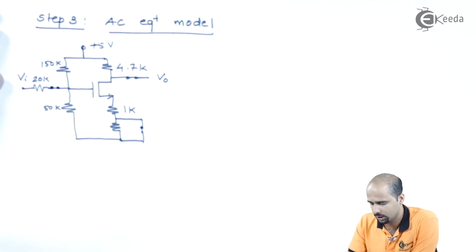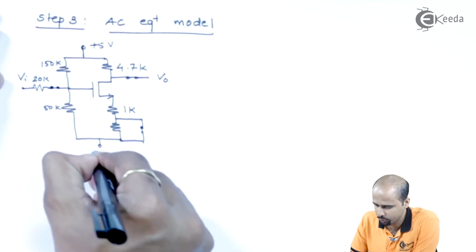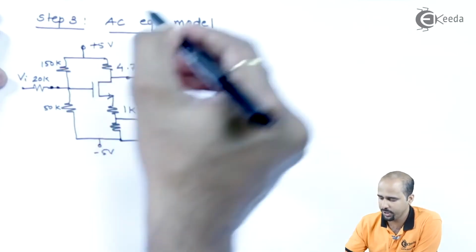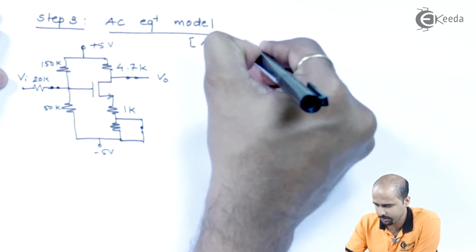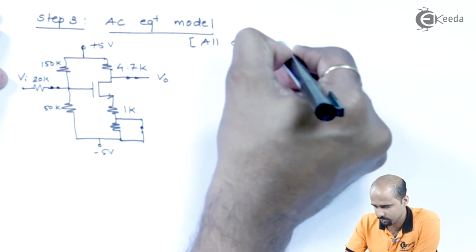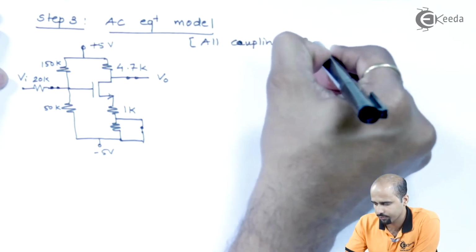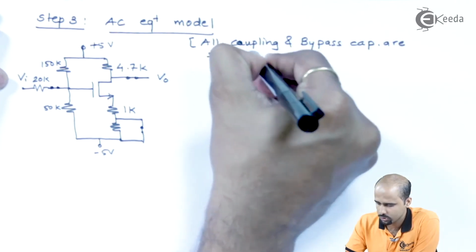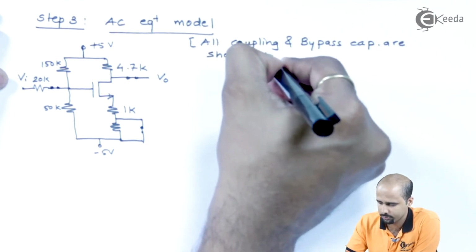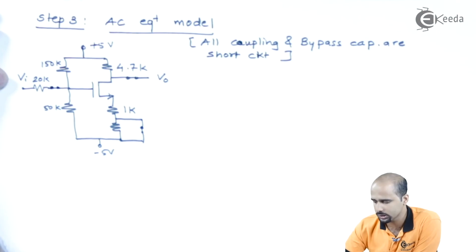Obviously we will move further to the AC equivalent model, right? Whenever we move towards the AC equivalent model, make sure that all coupling capacitors are short circuited, right?